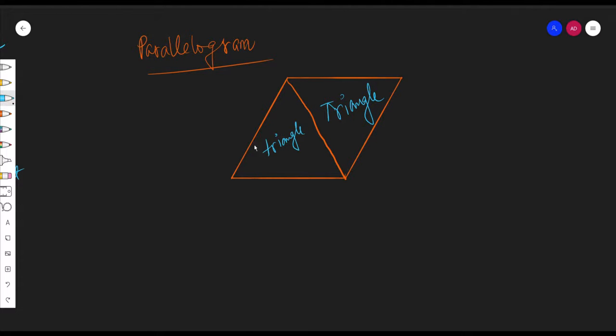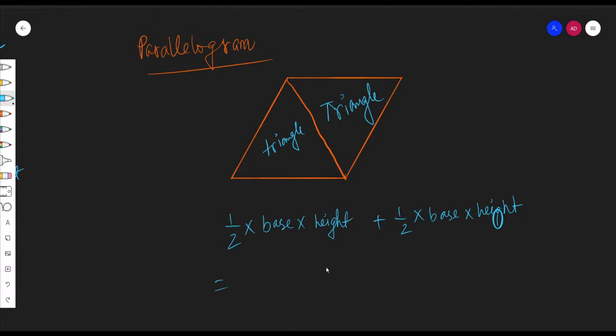For this triangle we can say half into base into height, plus half into base into height. Clear?